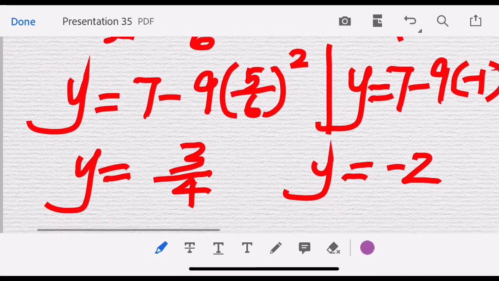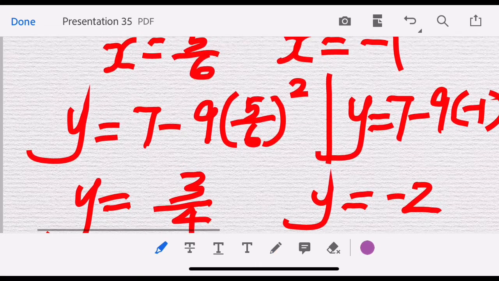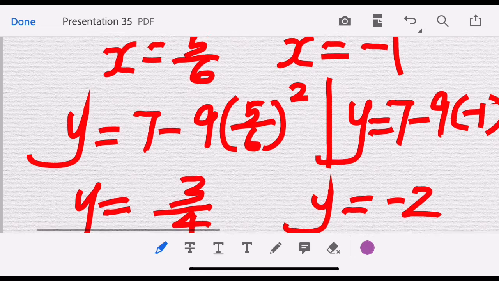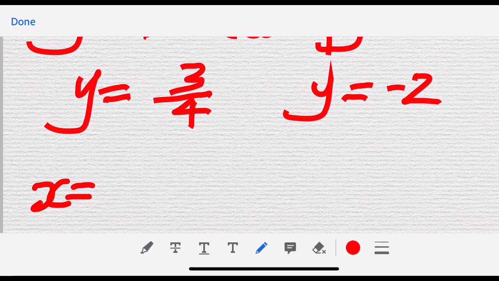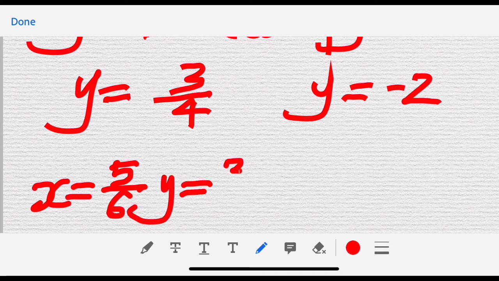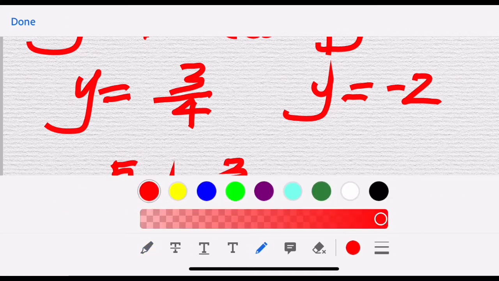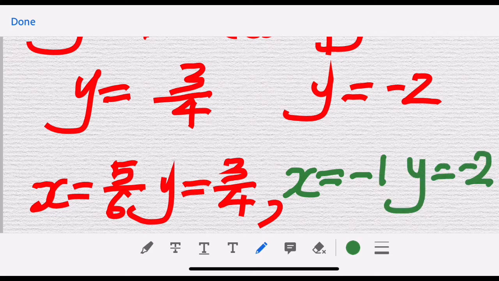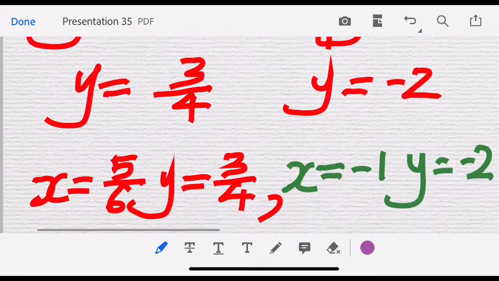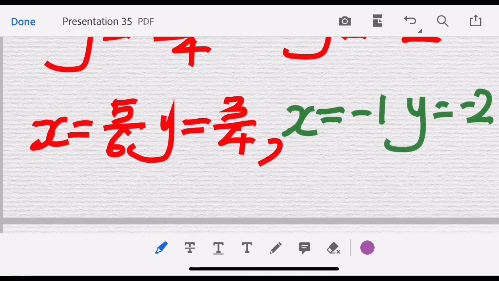So when x is 5 over 6, y is 3 over 4. For the other part of the answer, when x is negative 1, y will be negative 2, right? So these are the answers for question number 9.